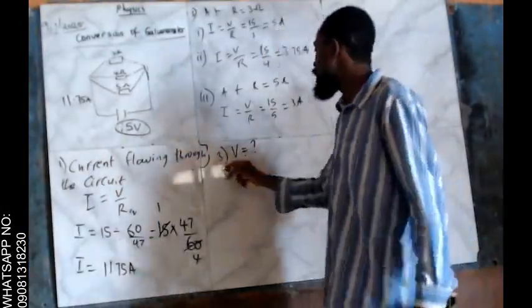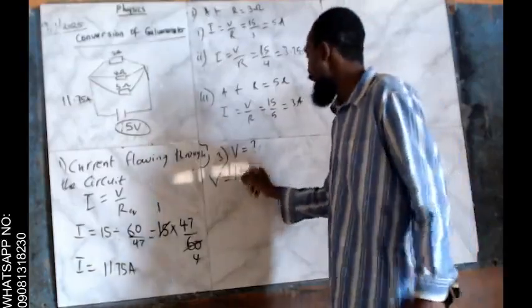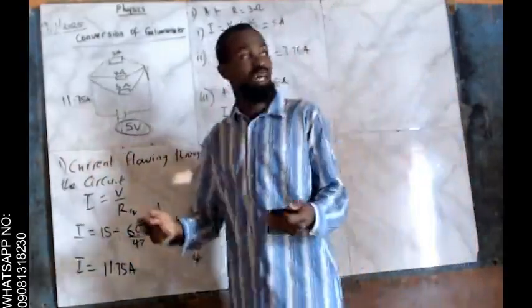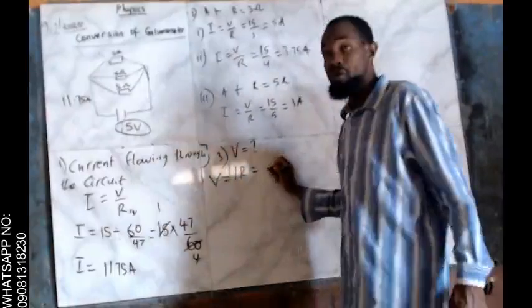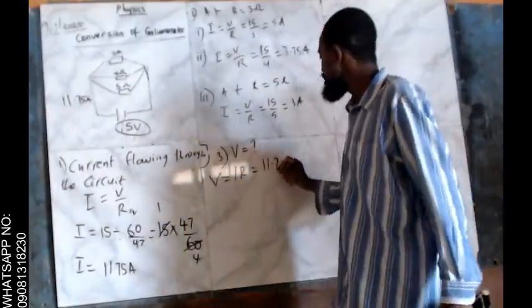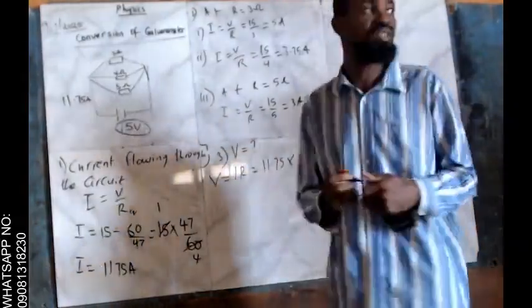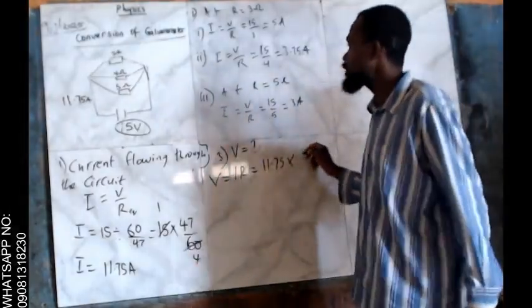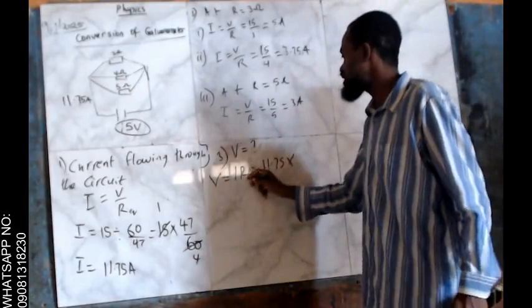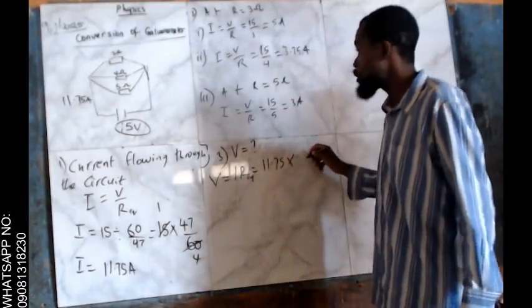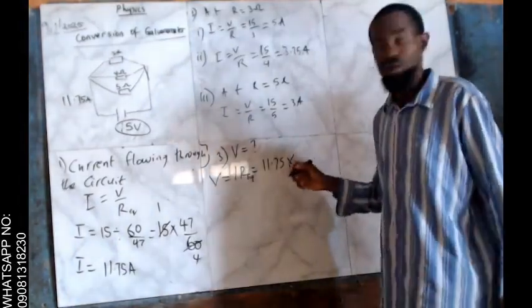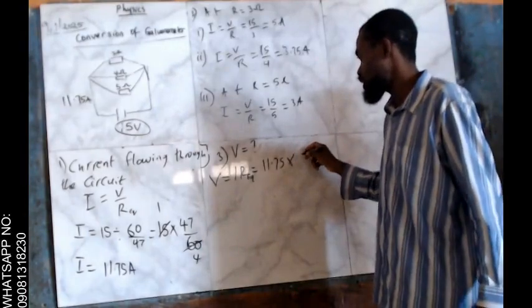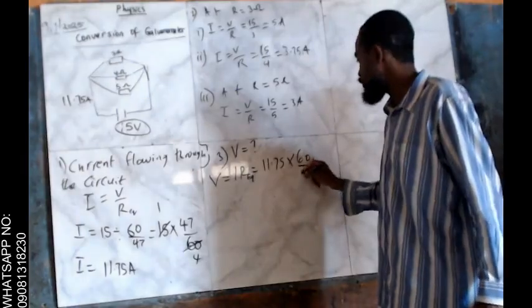To do that, we still have Ohm's law, that V is equal to I times R. Because we are looking for the potential difference that will supply this current across the resistors, the current will now be the total current going through that setup. So V will be 11.75 times R eq, our equivalent resistance, which was 60 over 47.